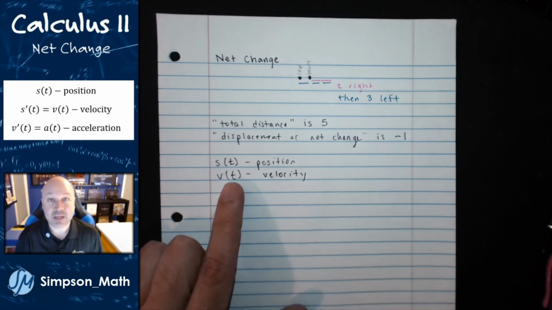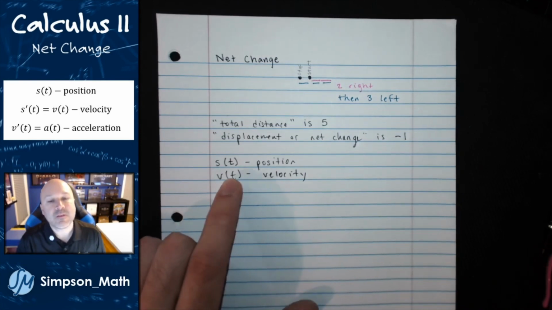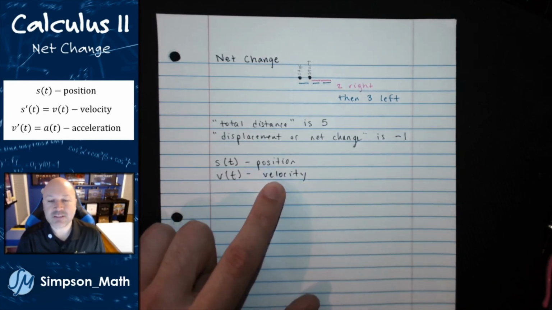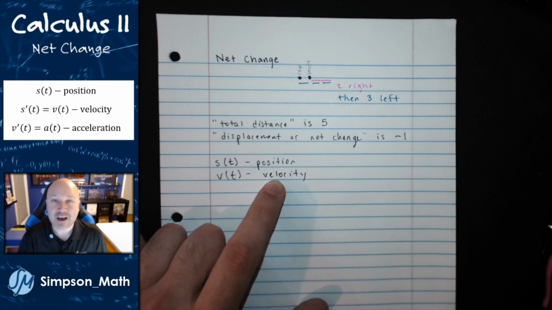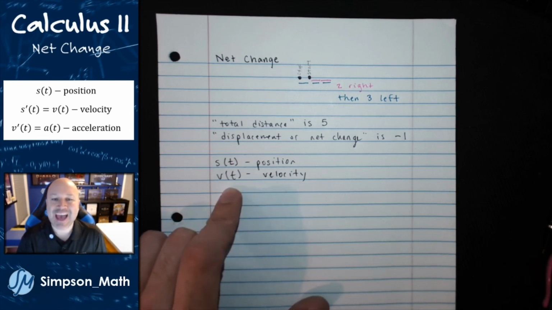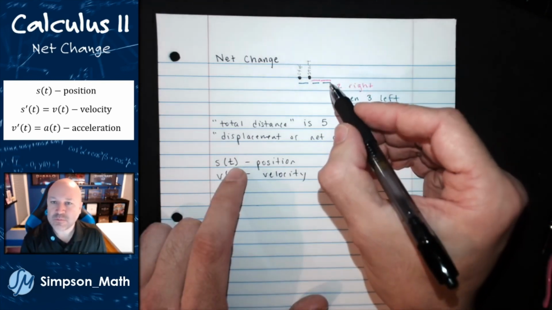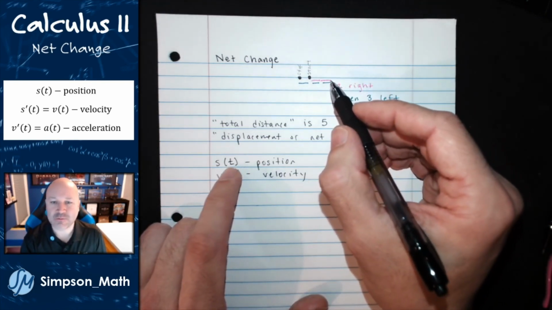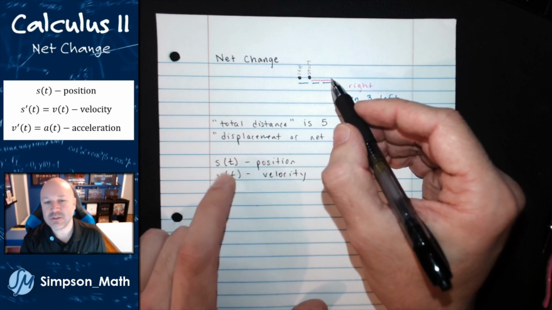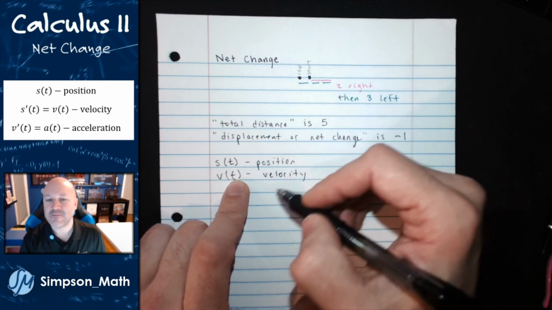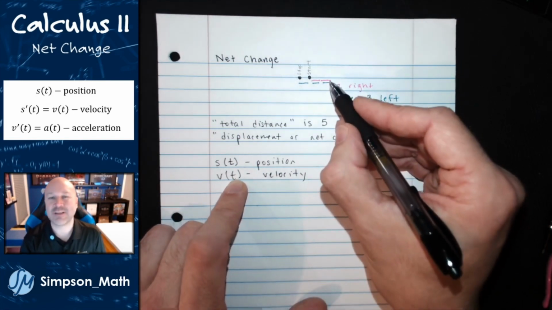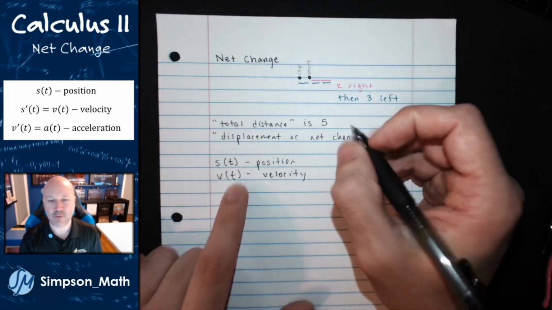And it's that same input of time, but the derivative function, velocity, will tell us how fast that object was moving at that certain time. So after 2 seconds, maybe I had moved 2 units. Then the velocity function after 2 seconds would tell me how fast I was moving at that moment.